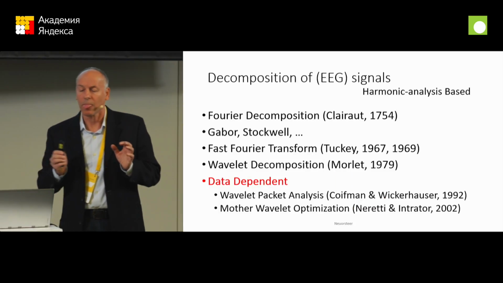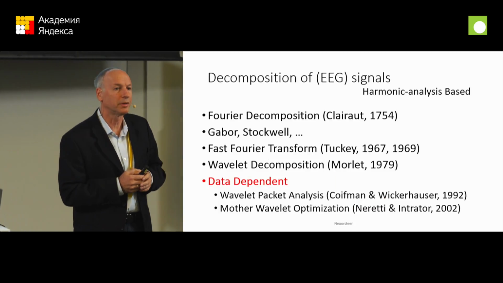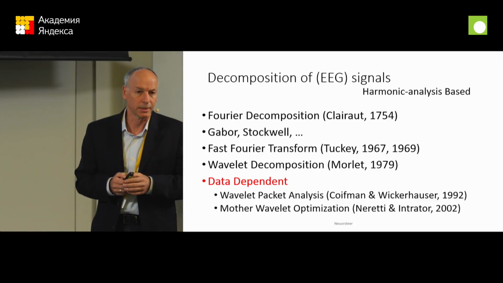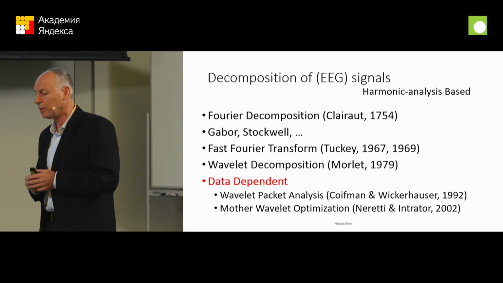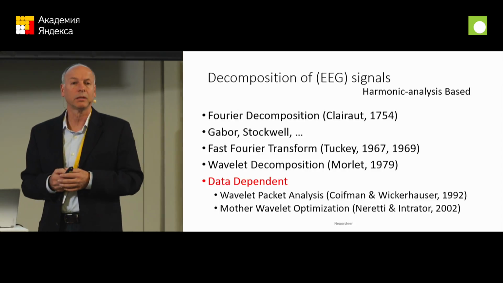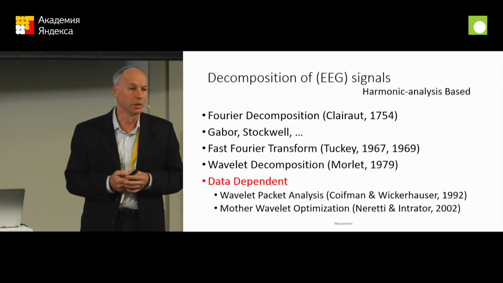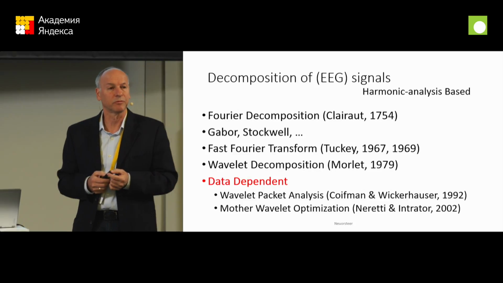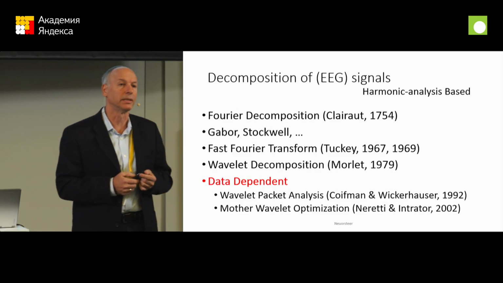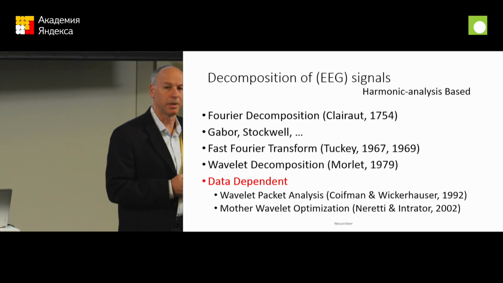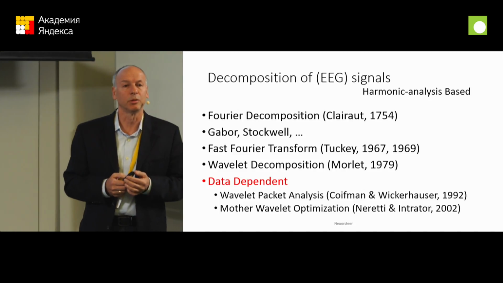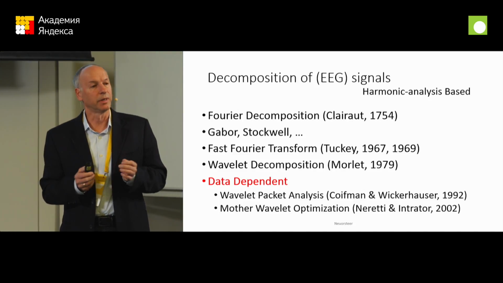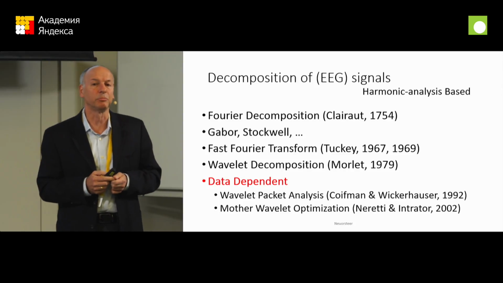So, the history of a specific part of signal processing, which is based on harmonic constraints. That's harmonic analysis. A big chunk of it was developed for analyzing seismic data. And if you think about it, seismic data and monitoring the brain are really very connected problems.